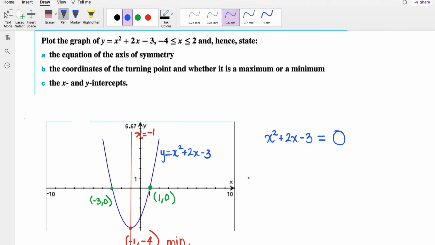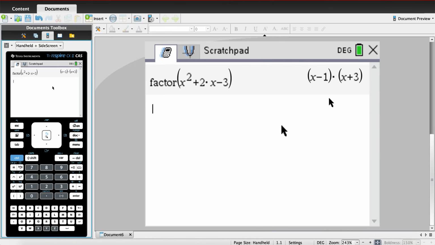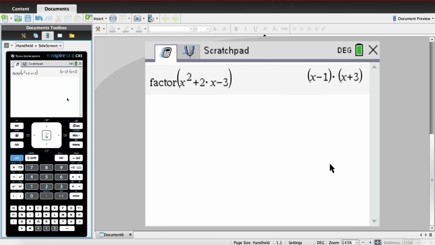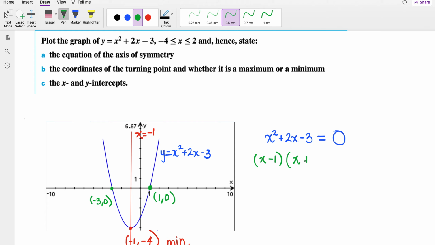That's what we have here in green. So when I factorize this one, it's telling me that my factorization is x take away 1 times x plus 3 equal to 0.